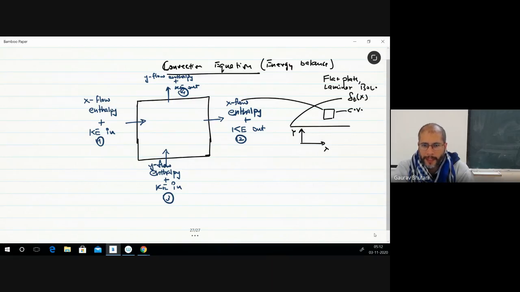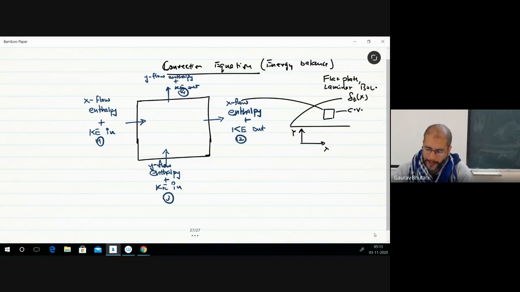Then for energy balance, we also have heat that is conducting through this control volume. The heat conduction is still happening, although the fluid is flowing, but conduction still happens. And remember that conduction happens because of the gradient of temperature.